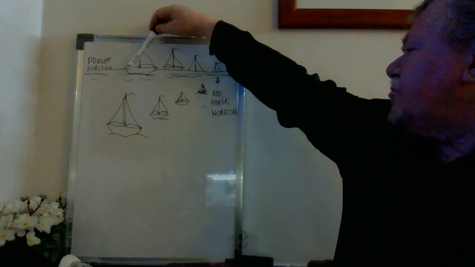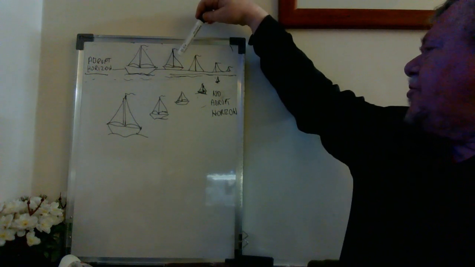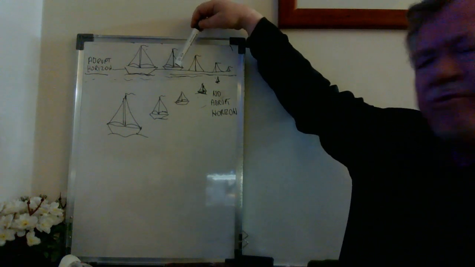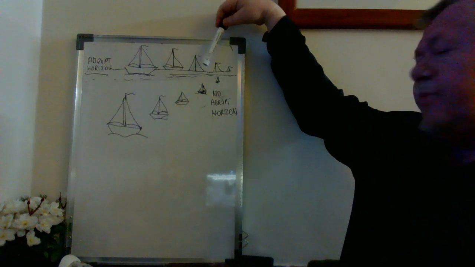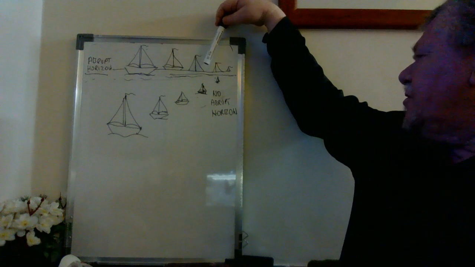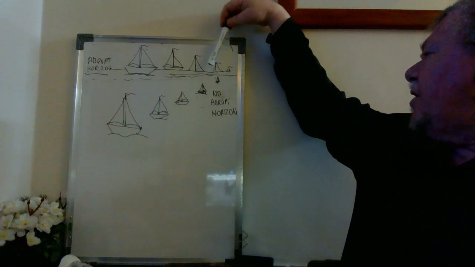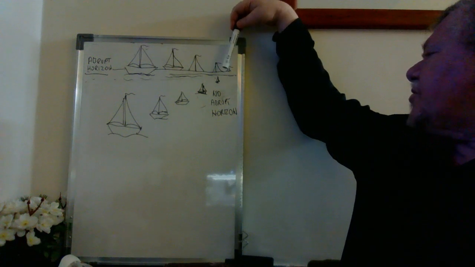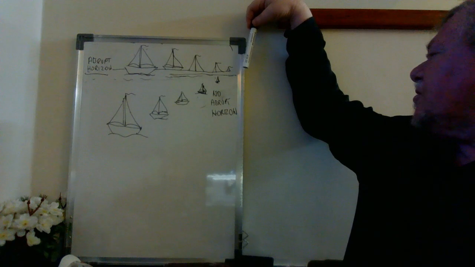In other words, it hasn't reached the horizon yet. Boat number 2 is just right on the horizon. Boat number 3 is now beyond the horizon. Boat number 4 is even further, so for 3 and 4 we don't see any of the hull, and then we only see the tip of it for boat number 5.